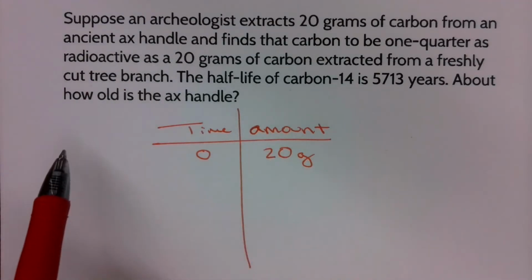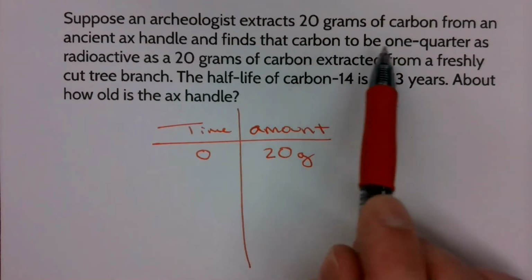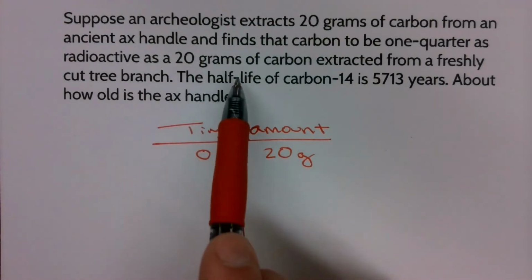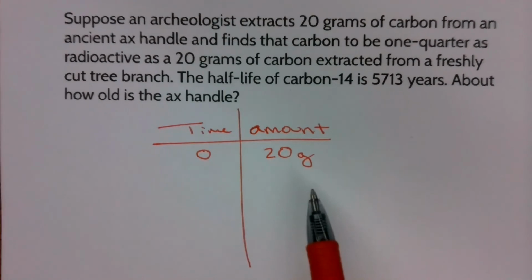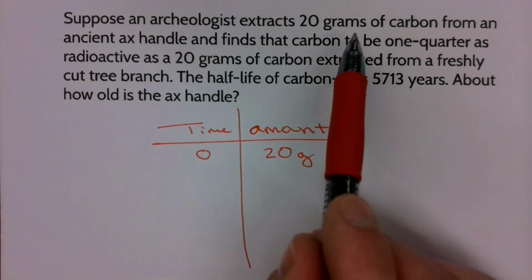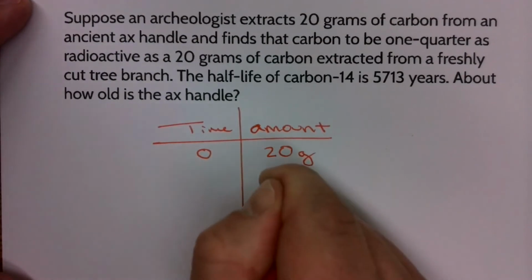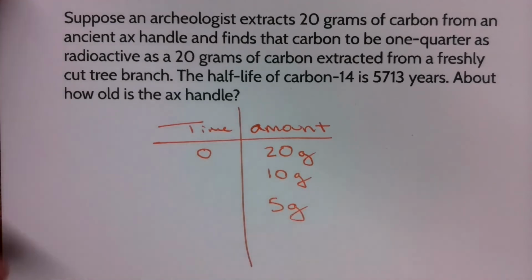We don't know how many years ago, but we're going to have to piece it together. And it says the carbon in the axe handle is 1/4 as radioactive as what we have today. So you're assuming that this has undergone 2 radioactive half-lives, because it went through a half and then now it's a quarter of the amount. So we have 20 grams, we're going to have 10 grams, and then 5 grams.